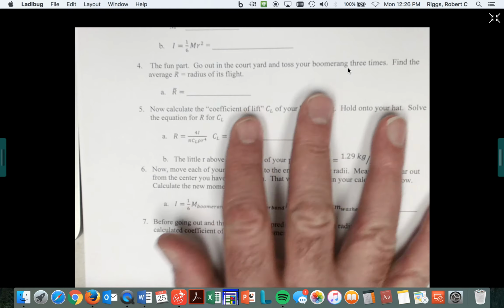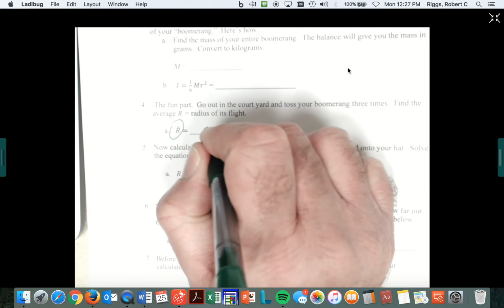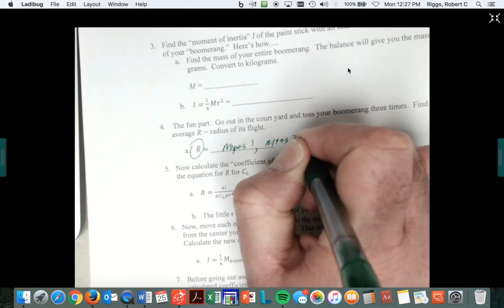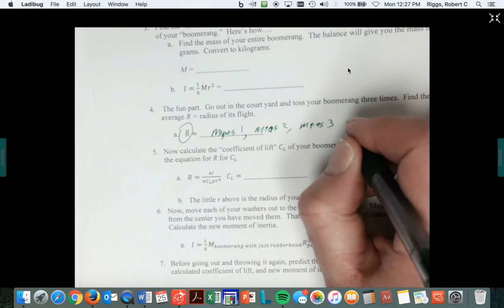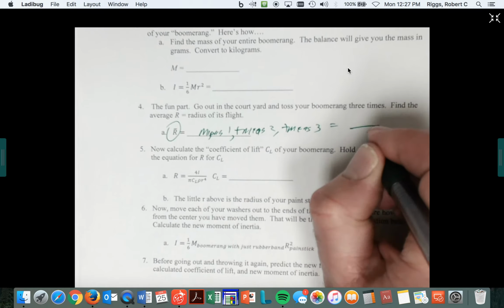There we go. All right, so R bar means the average. Throw it 3 times, or more if you want, and then take measurement 1, measurement 2, measurement 3, add them up, plus, equals, divided by 3, and that is equal to your R bar, okay?